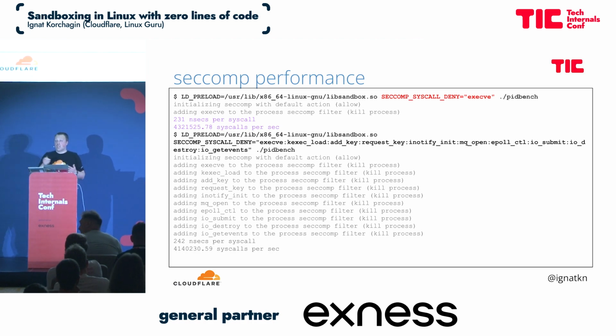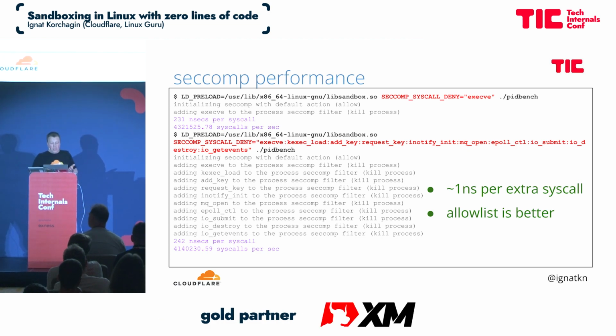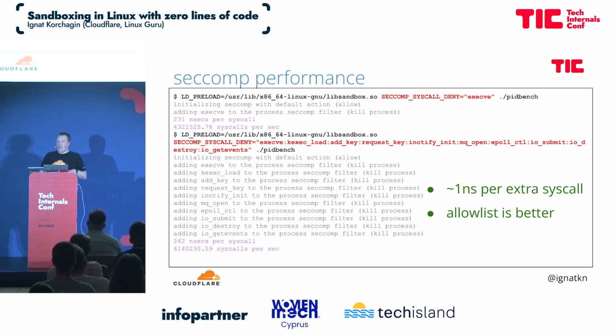So it's actually kind of independent when your list is small. If I rerun the application and add many unrelated system calls, so I block many, I get around 1 additional nanosecond per additional entry in the list.